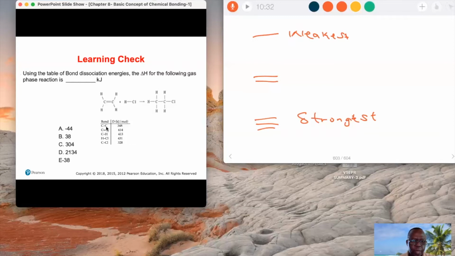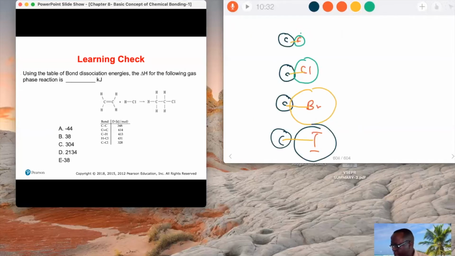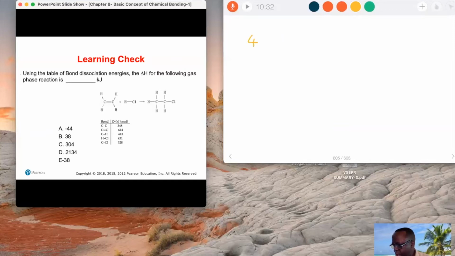So I look at how many carbon. It is what? 1, 2, 3, 4. You have 1, 2, 3, 4. That is the number of, so if I have here, let's see, 4, here is hydrogen or carbon, which means 4 times what? 4 times 413, gonna give you the value given there.